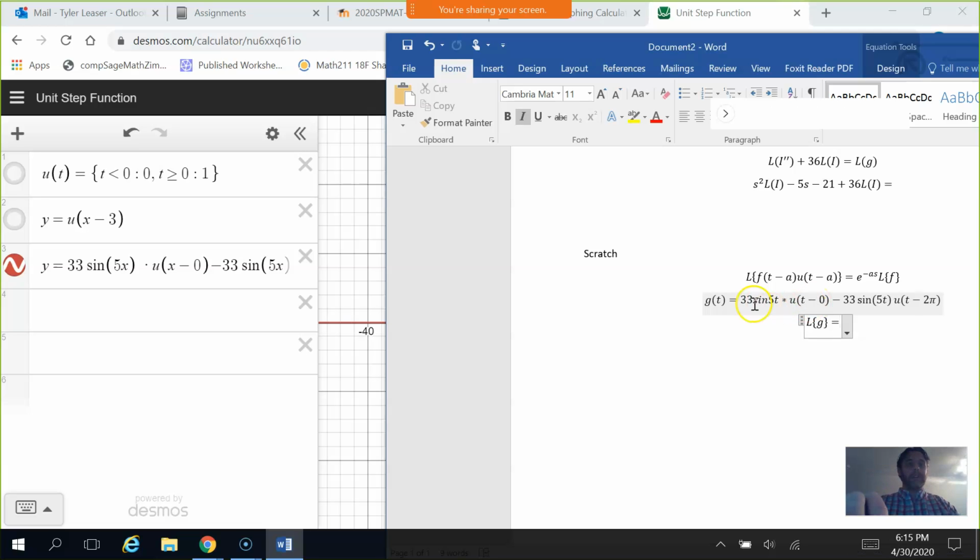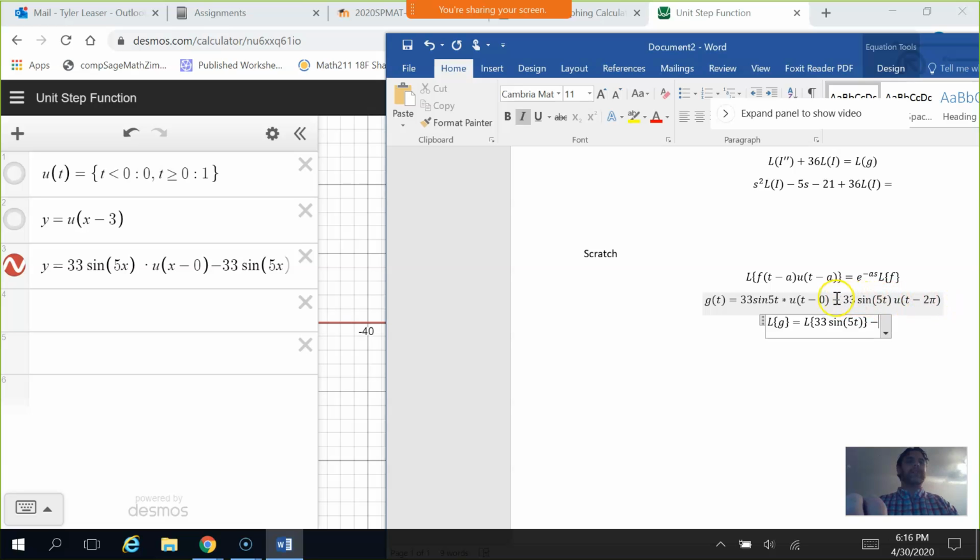All right, so first, because of this u of t minus 0, we're going to have an e to the 0 out in front, which is just 1. So this first part is just going to be whatever the Laplace transform of 33 sine of 5t is, and we'll figure that out in a second. But that's going to be minus this one.